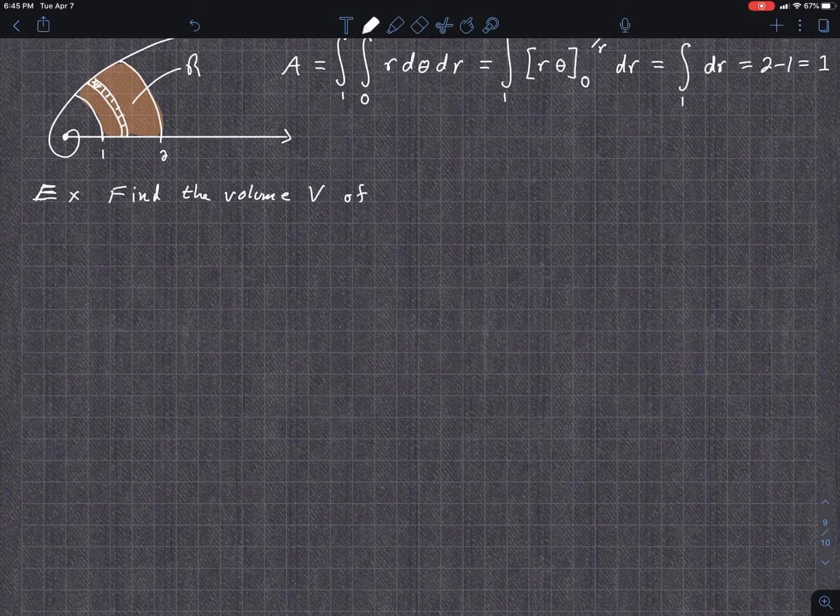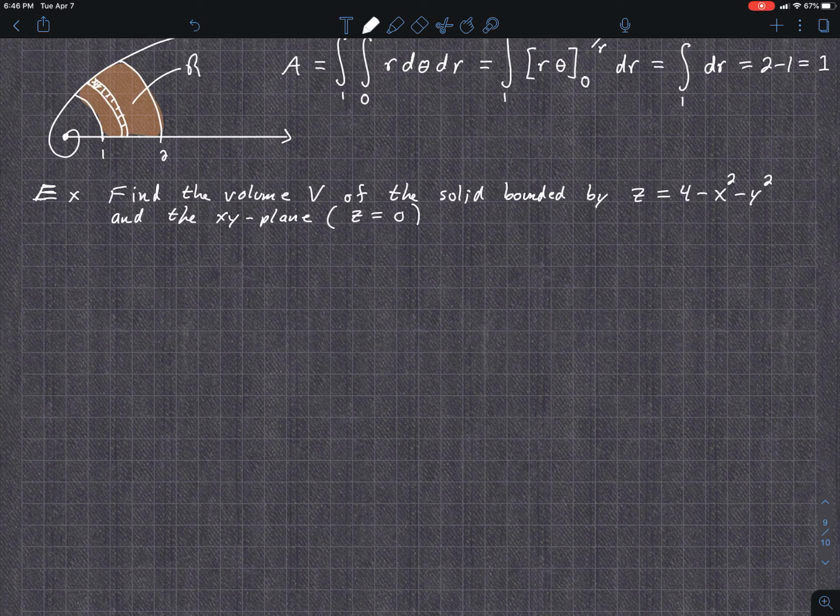So find the volume V of the solid bounded by z equals 4 minus x squared minus y squared, and the xy plane.